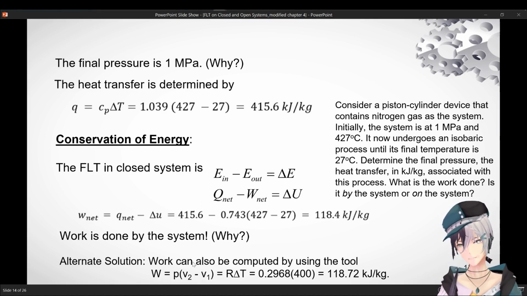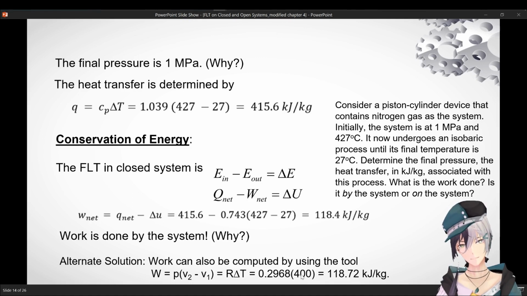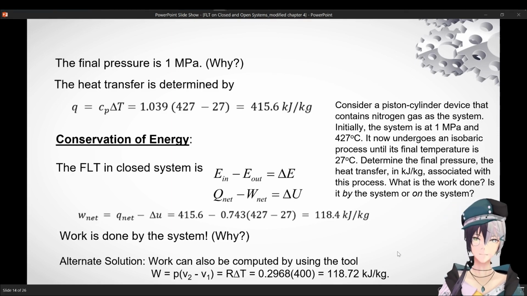I already explained earlier that this is also equivalent to mR delta T. Since we are expressing this in kilojoules per kilogram, we are now left with R delta T. R is from the table, then delta T is this one. That's why we got 400, and the answer is 118.72. So slight difference, but this is acceptable.